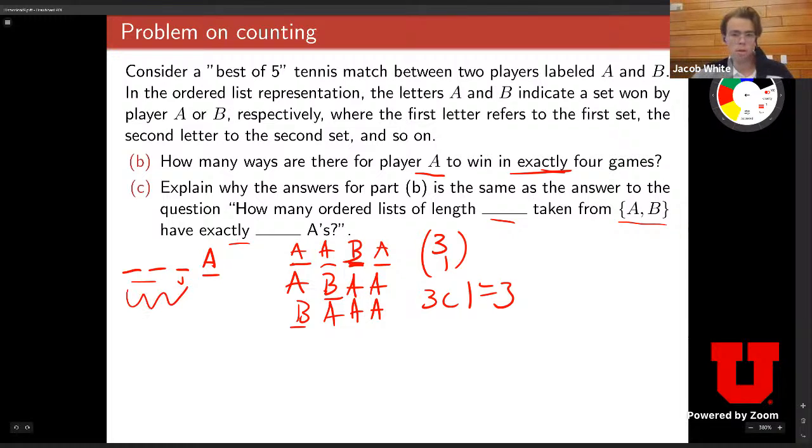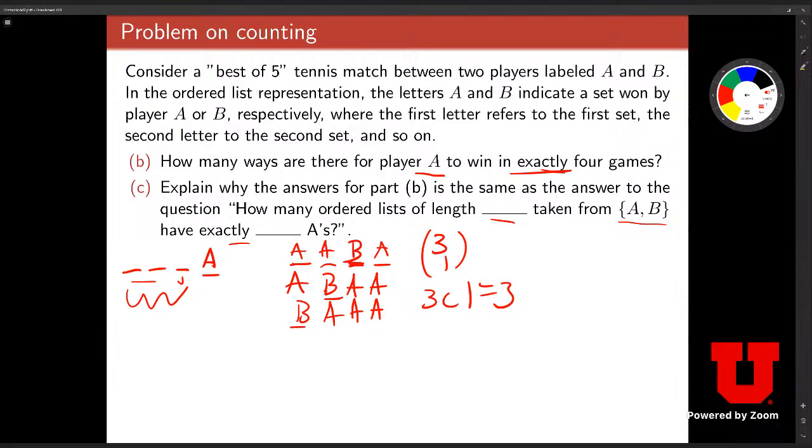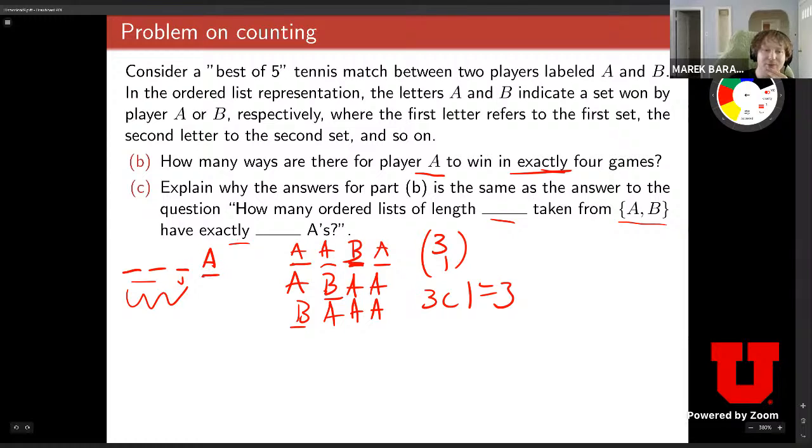Yeah, that's close. Remember, we had to have A right here because of the winning in exactly 4 games. So that's why this problem is a little tricky, because this isn't part of the list we're constructing. So we have a list of length 3 right here, and it has to have 2 A's for this exactly 4 game win to occur. A good suggestion.